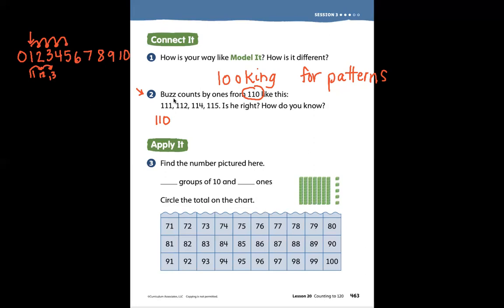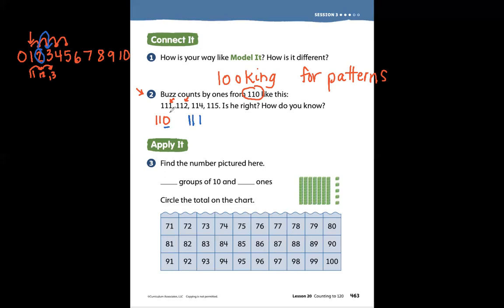So if we have 2 ones, what comes after 2 ones? If we have the number 2, what comes after 2? 3, right? So first we have 0 ones, then we get 111.